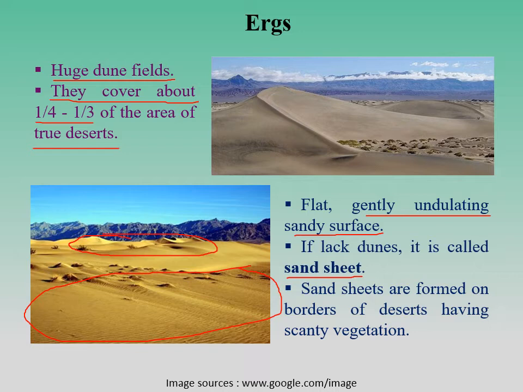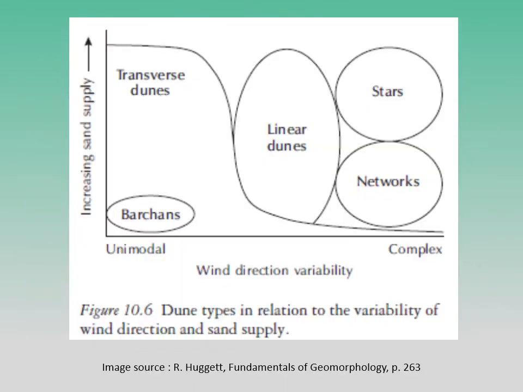Now, as I already told you, dune types are related to the variability of wind direction as well as the amount of sediment supply, particularly the sand supply.